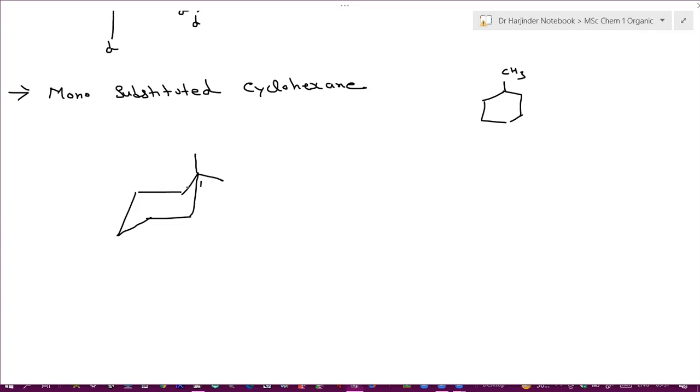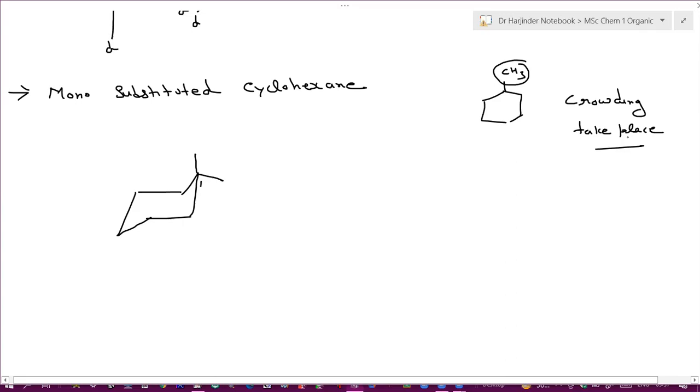When hydrogen is replaced by some other group like methyl or some other bulky group, crowding will take place. Hydrogen is a small atom, and when it is replaced by a bulky group like methyl, crowding will take place.